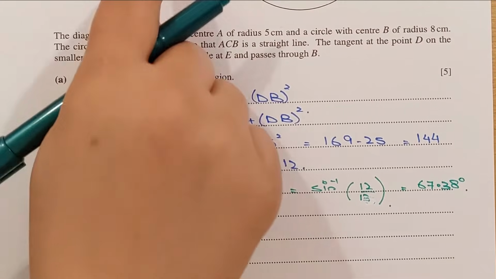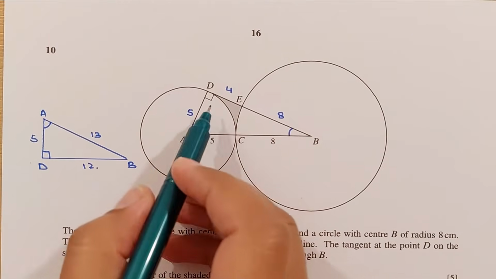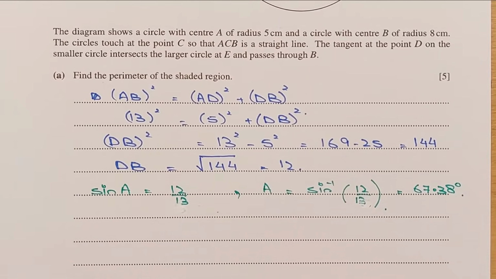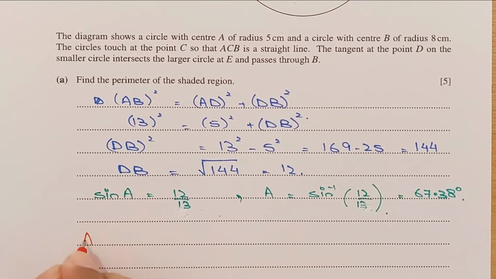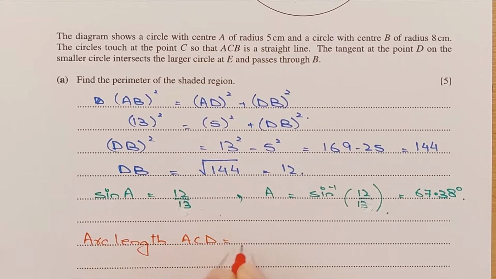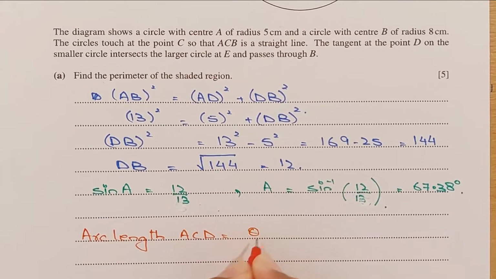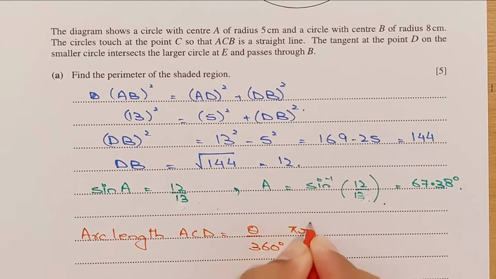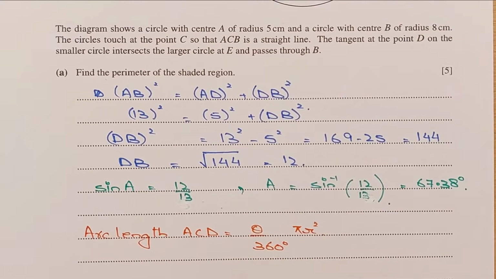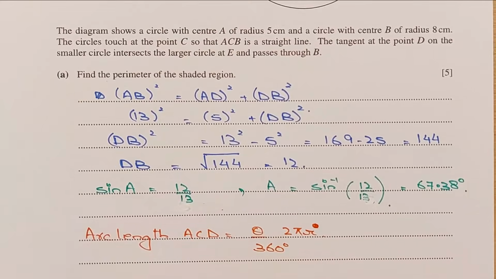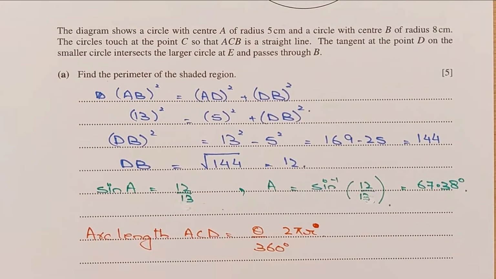Now let me find the arc length ACD. The arc length of a sector ACD is theta over 360 times 2 pi r. For arc length it is just 2 pi r, we are not doing the sector area.